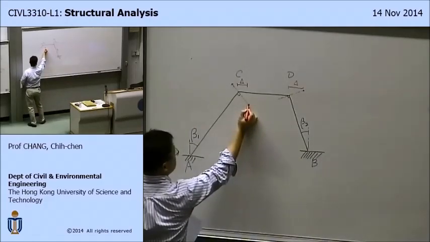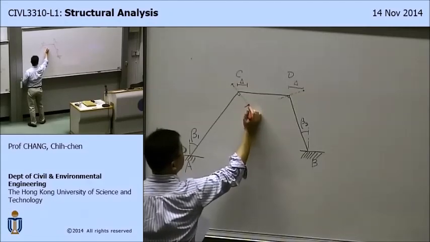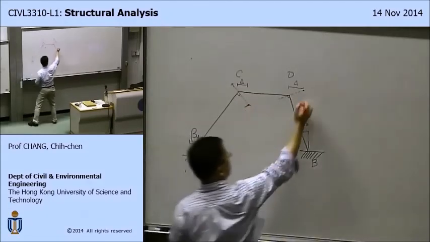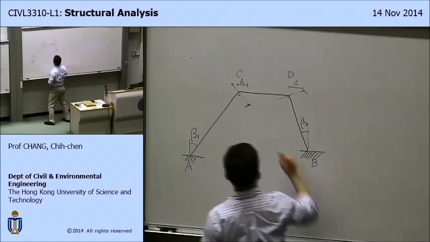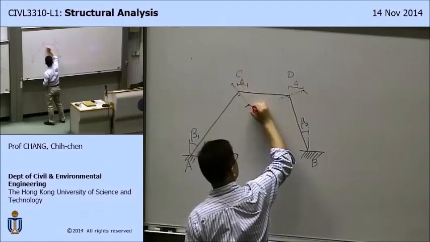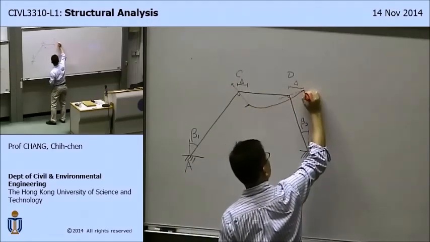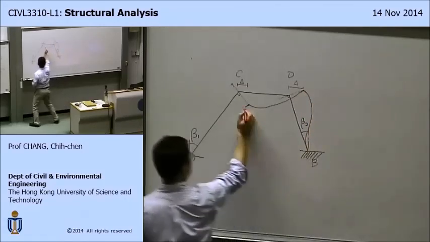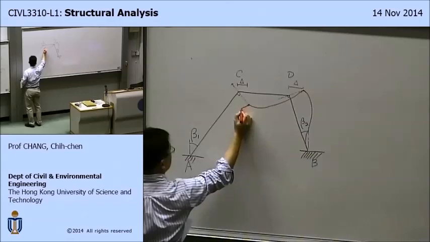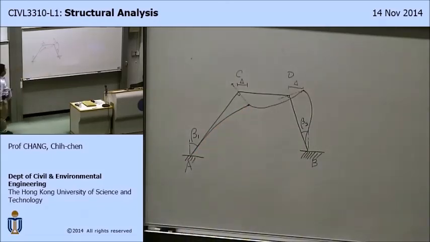As a result, here is the deformation shape. Imagine I'm going to have rotations, somehow like that, so it looks something like that.